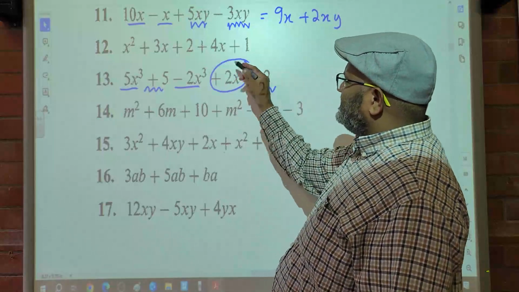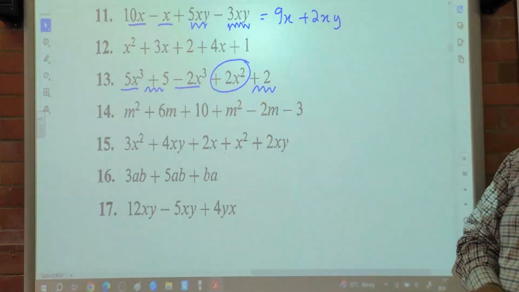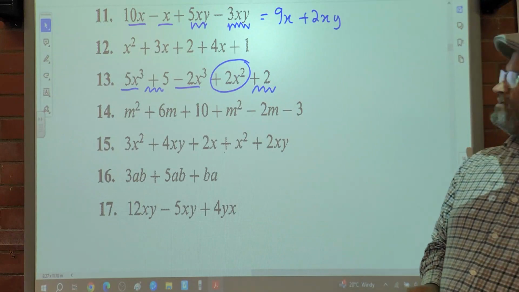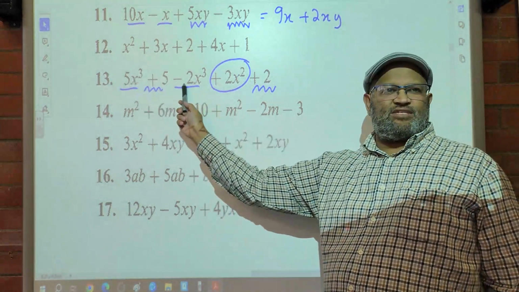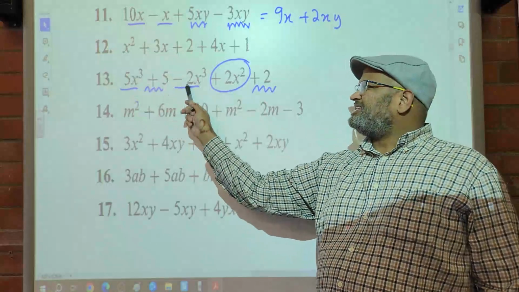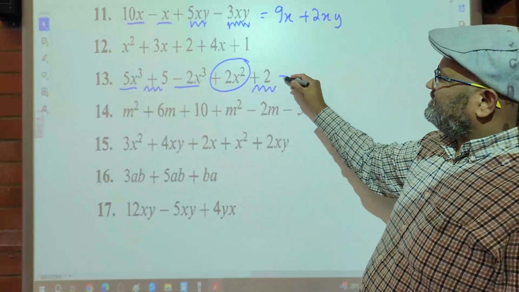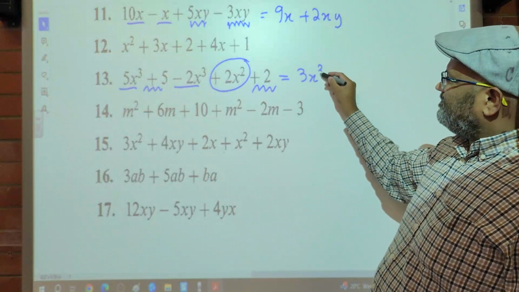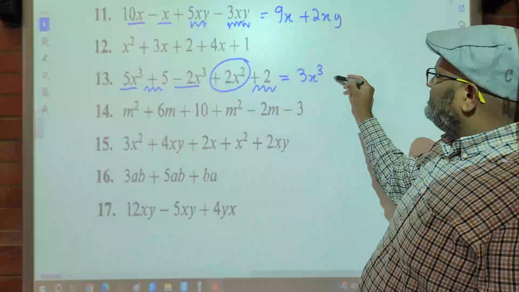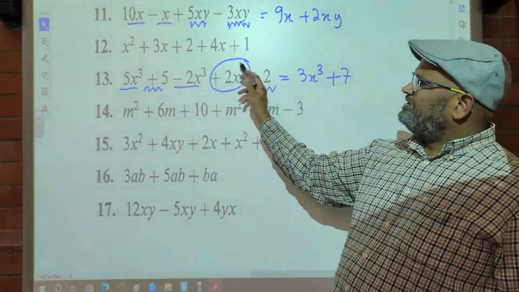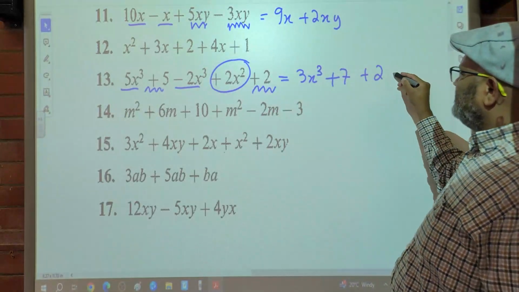So in other words, that one is standing on its own. So what is 5x cubed minus 2x cubed? You see how I am using this negative? 3x cubed. What is 5 plus 2? 7. And then that one's on its own, so I just write it down.